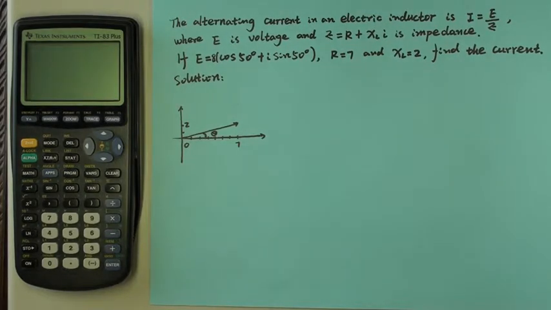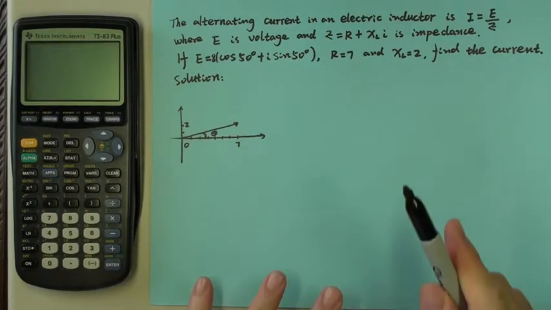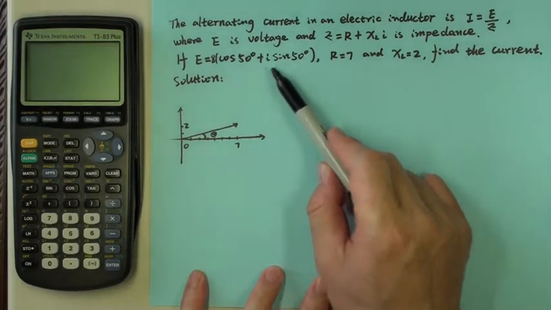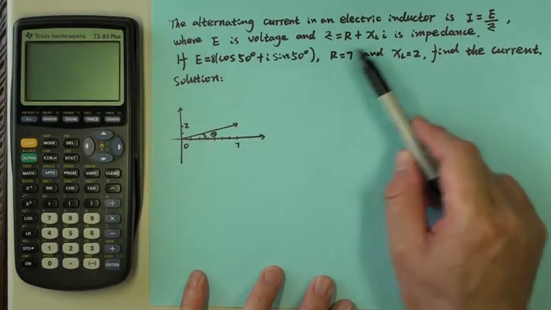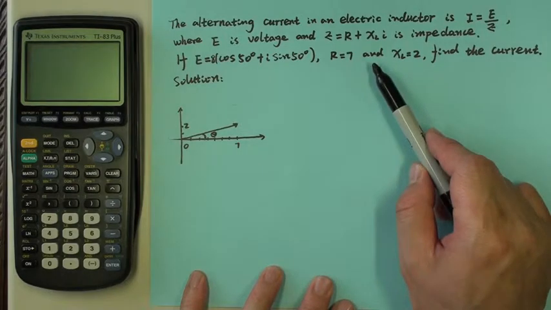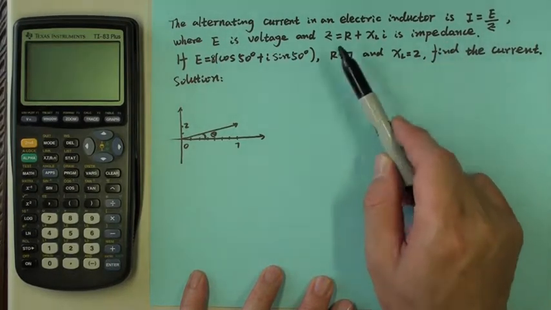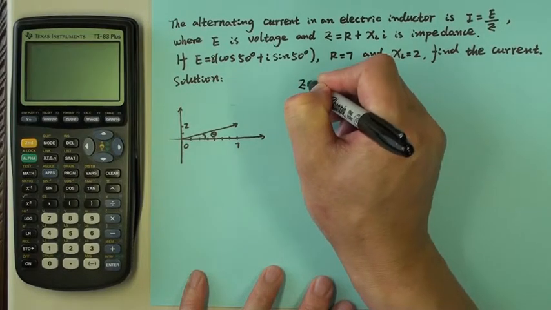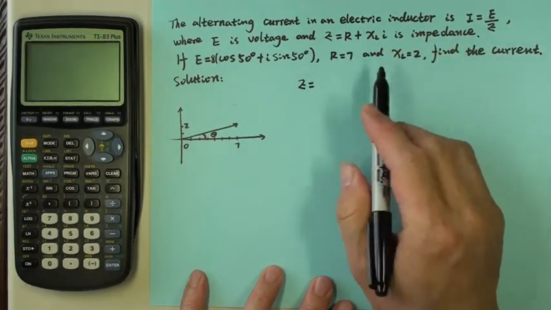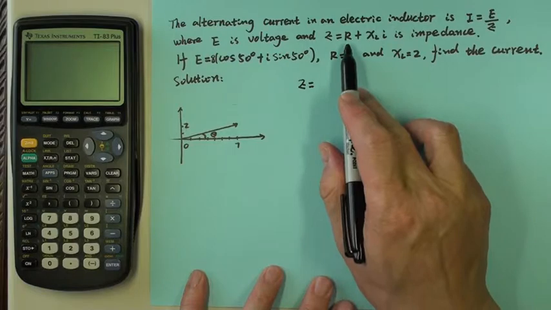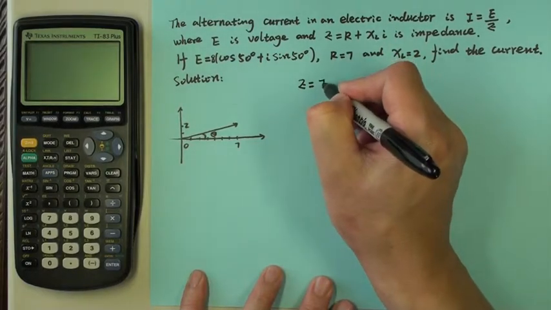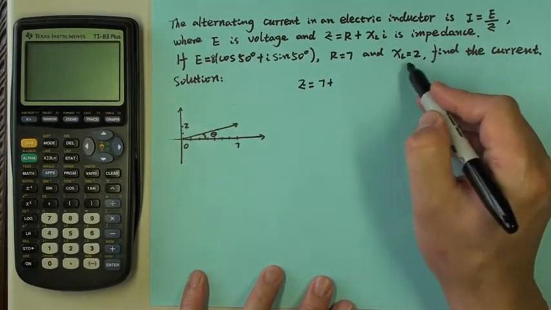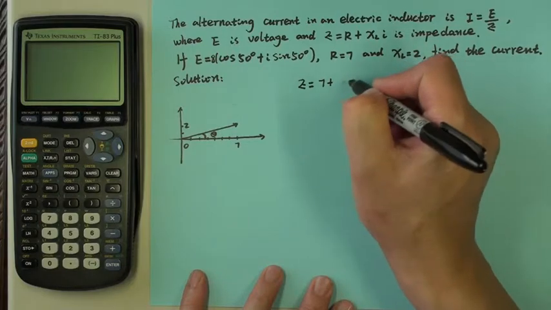We know the numerator is a complex number in trigonometric form, but downstairs Z is a number in rectangular form. You see R is 7 and then XL is 2.